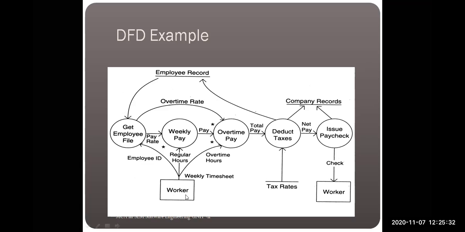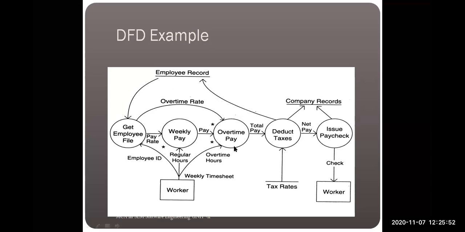So this is an example demonstration of a data flow diagram. You can observe here there are some asterisk symbols also. Asterisk symbols are nothing but there is more than one input for a particular process.